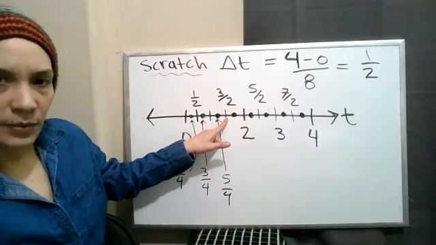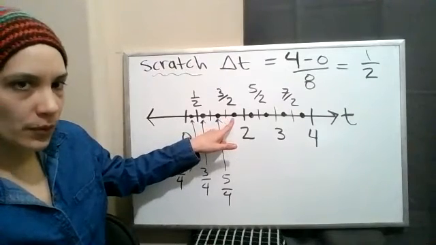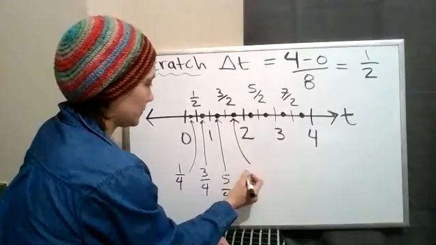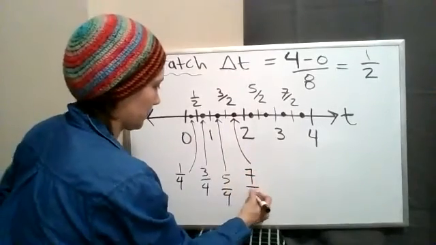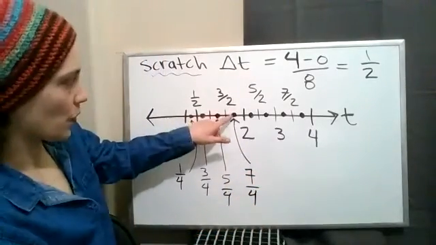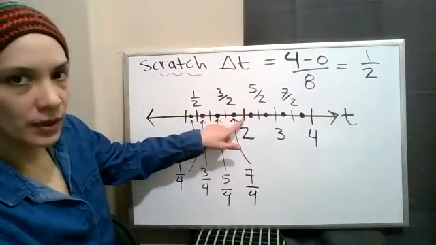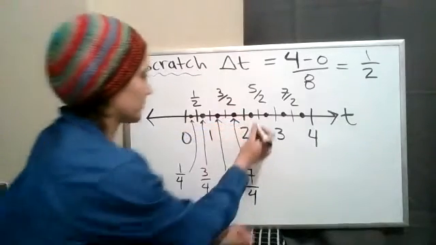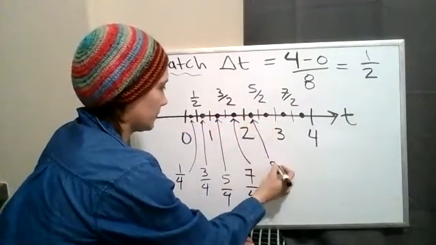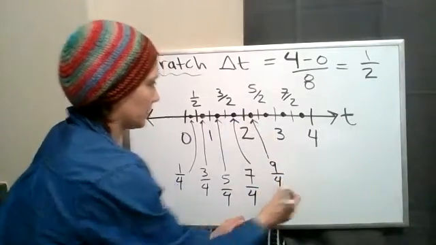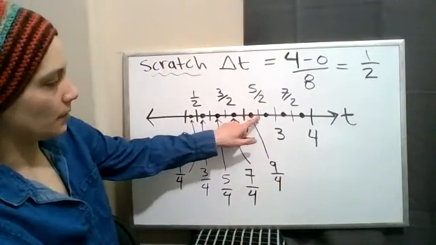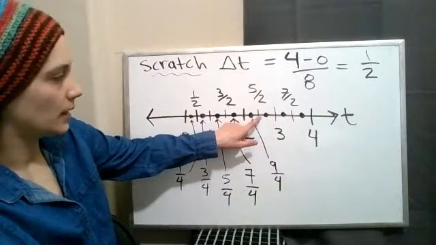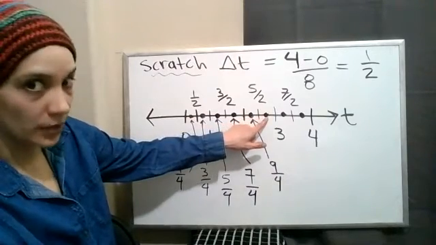The end of the interval would be 6/4, so the midpoint we want is 7/4. 2 is equal to 8/4, and this midpoint would be 9/4. And then 5/2 would be 10/4. The midpoint we want is 11/4.